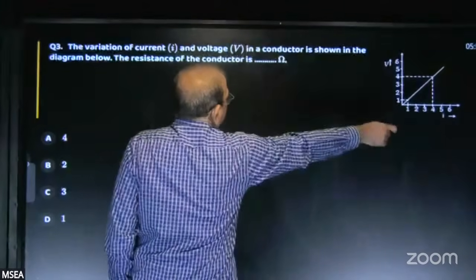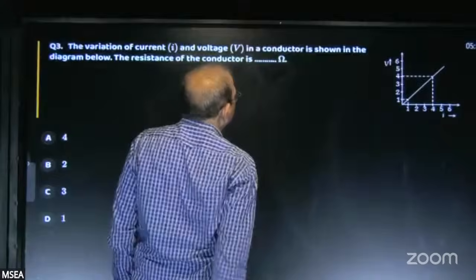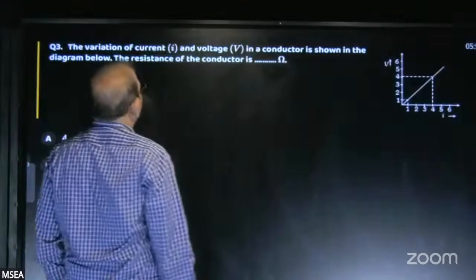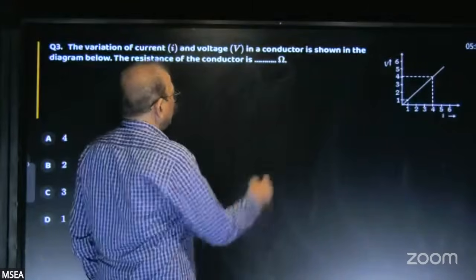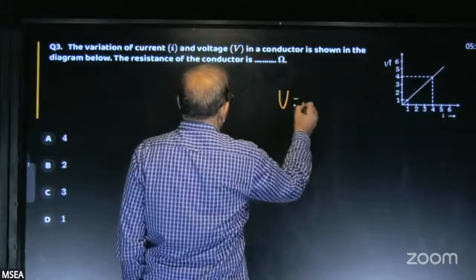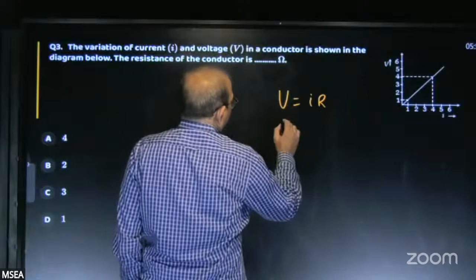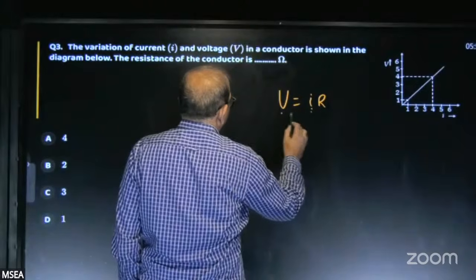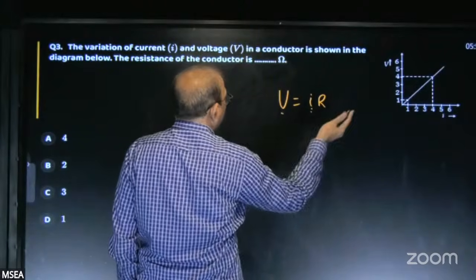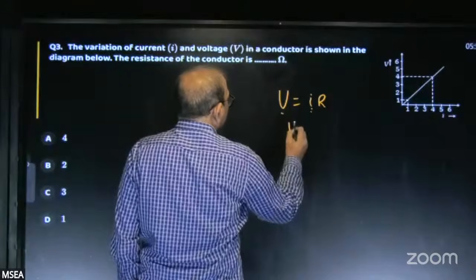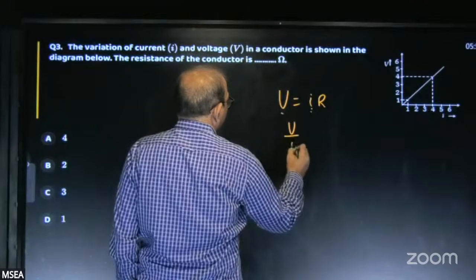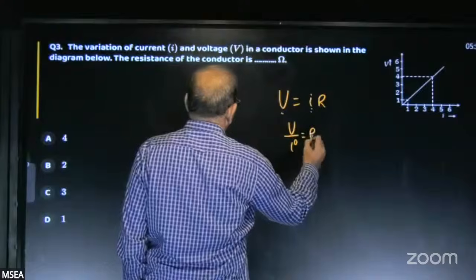The potential versus current graph given is based on Ohm's law. What is the Ohm's law equation? V equal to IR. The VI graph must be a straight line through the origin. V by I equal to R.